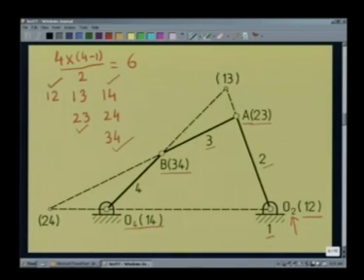So out of the total 6 relative instantaneous centers, 4 of these are located just by inspection. We have still to determine 2 more instantaneous centers, namely 1, 3 and 2, 4. To determine these 2, we invoke the Aronhold-Kennedy theorem of 3 centers.